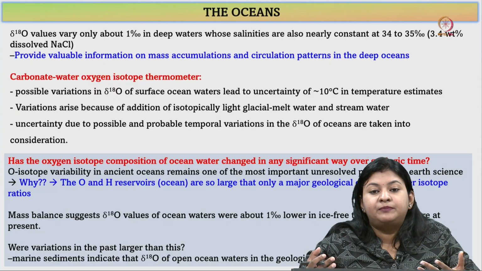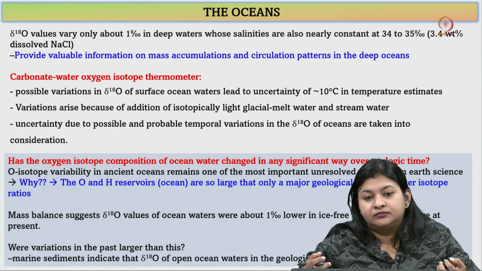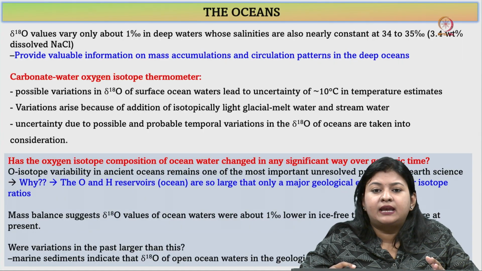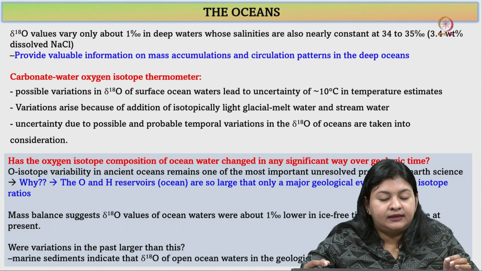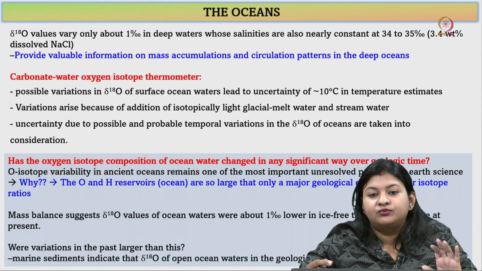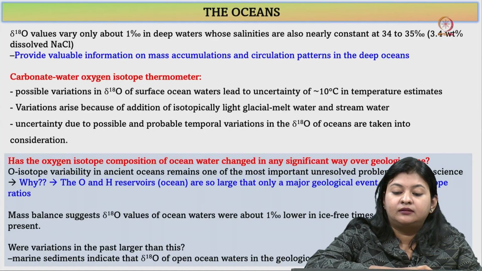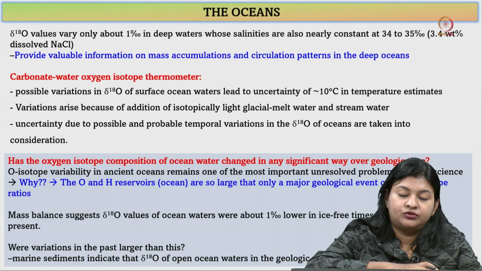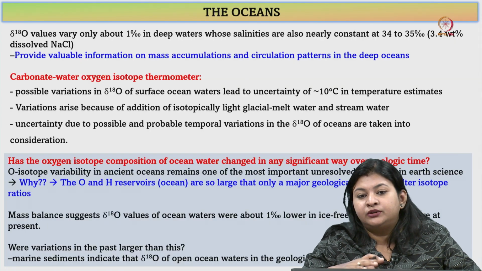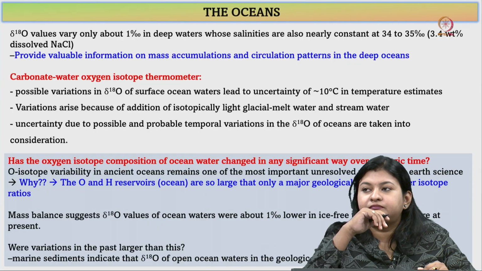There can be other evapotranspiration effects that can cause change in the delta 18O values. The surface water means where the wind is touching the ocean, where the wind, the atmosphere and the oceans meet, that is the surface of the ocean.